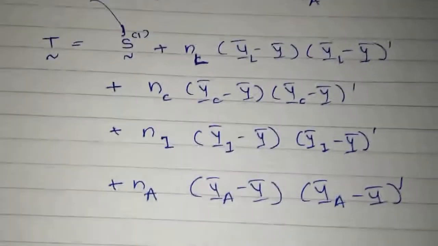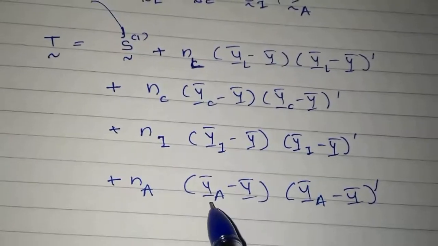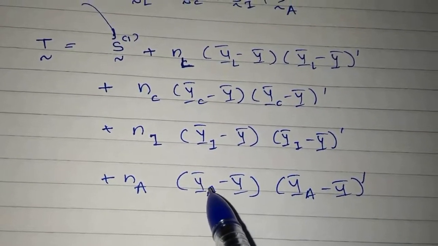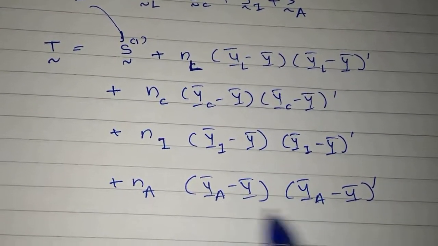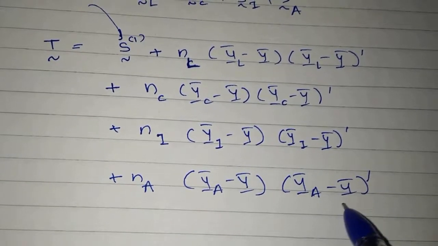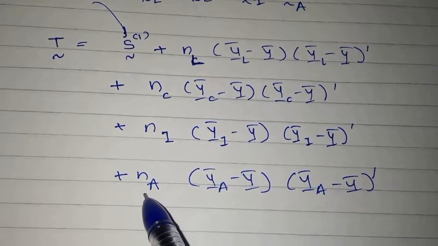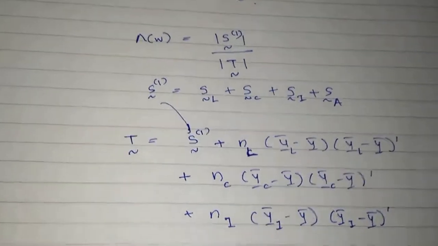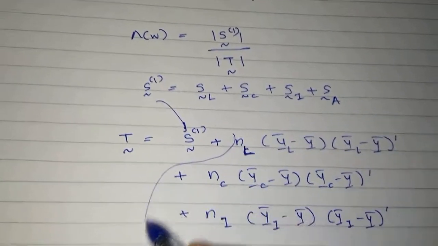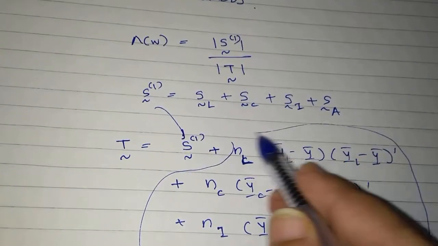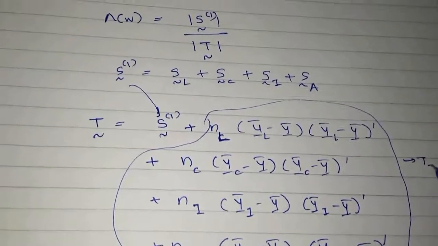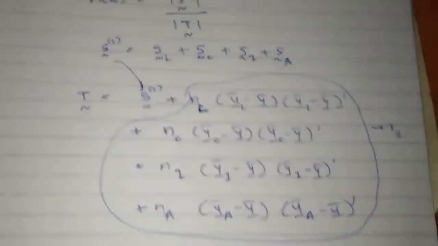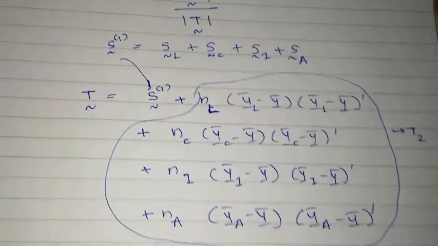So we need the deviation of each site mean from the overall mean, we take its square and then multiply it by the number of observations from that site. This becomes my T. This entire thing is the second term of T, and this is the first term of T, that is S1.